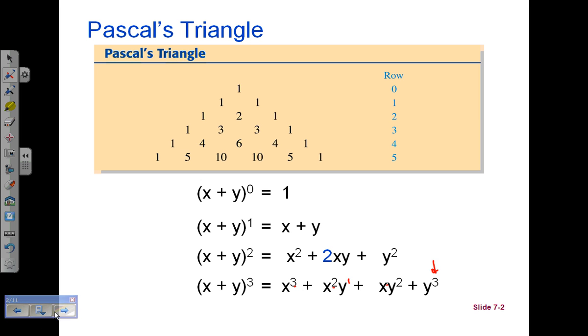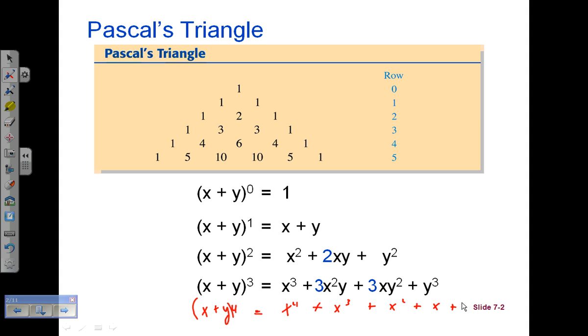So if I were to do another one, x plus y to the 4th, this is how I do it. When I do it on a test or something, I go x to the 4th, x cubed, x squared, x to the 1st, and x to the 0. We're not going to pay anything for x to the 0 because it's 1.